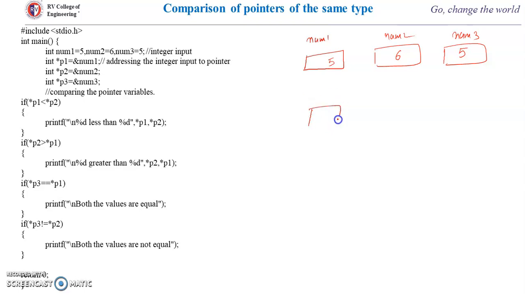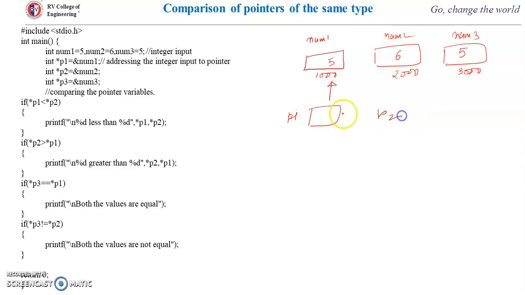The pointer variable p1 is pointing to num1 because the address of num1 is assigned to p1. Suppose the addresses are 1000, 2000 and 3000. So p1 is pointing to num1.